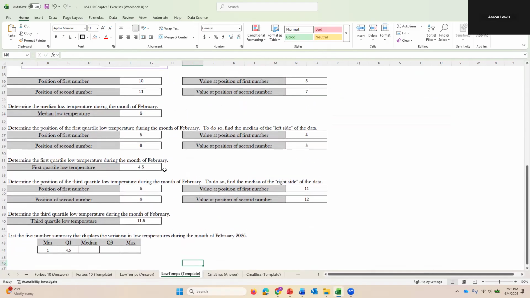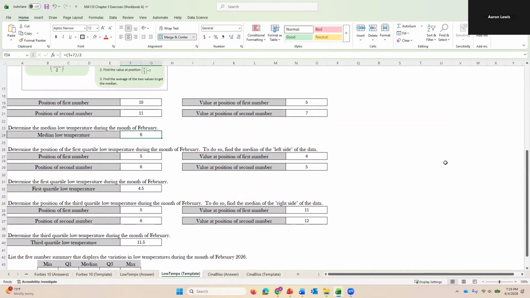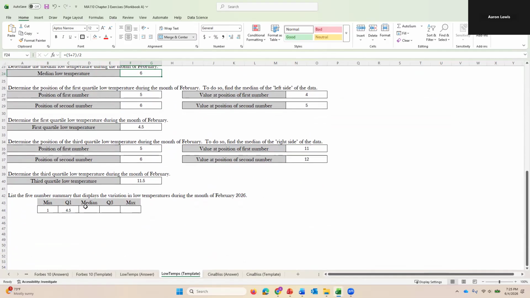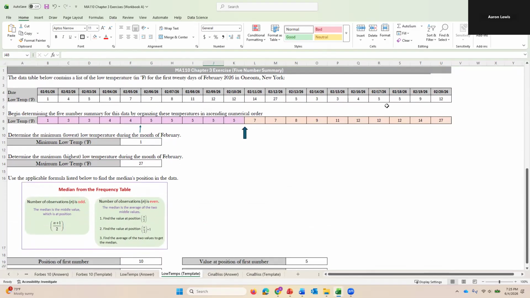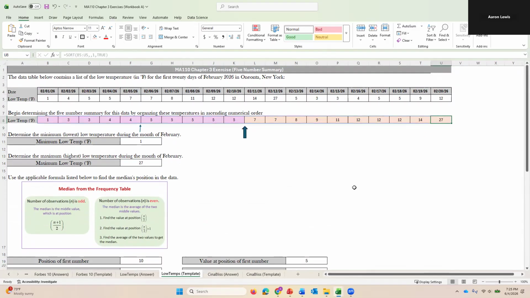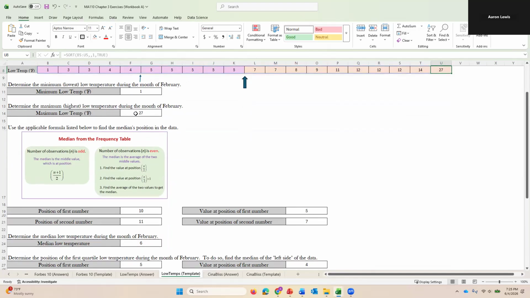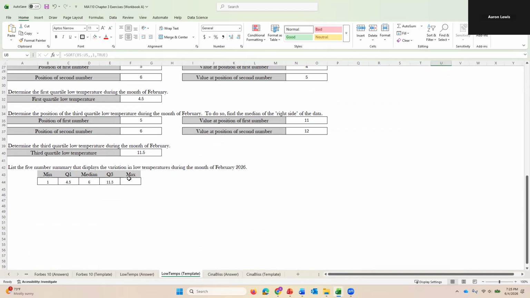The median we solved up above to be 6. The third quartile, we just determined right there, would be 11.5. And the warmest night that we have had thus far in February in Oneonta, our max low temperature, is 27 degrees, determined right here. So that is our 5-number summary.